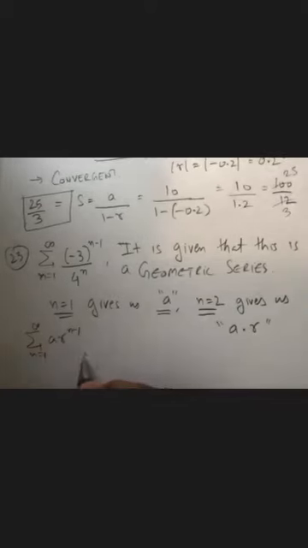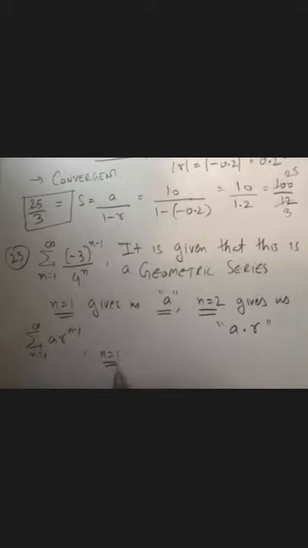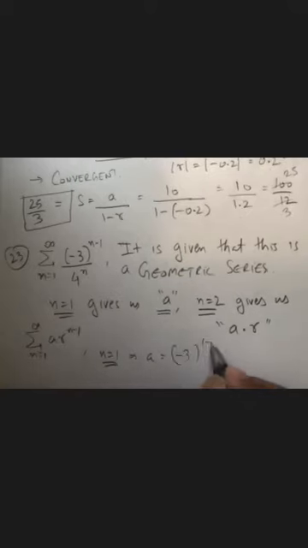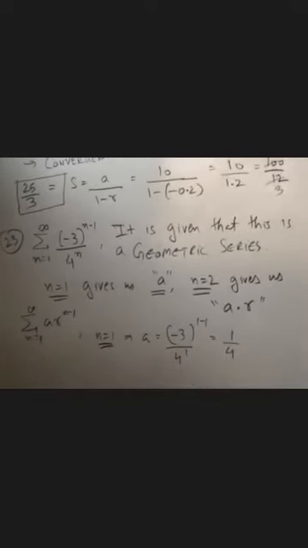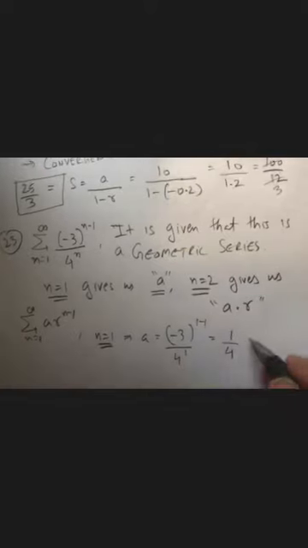So let's see. So n equals 1 is the first term, which is 1 over 4 times 4 to the power of 0... so a equals 1 over 4.